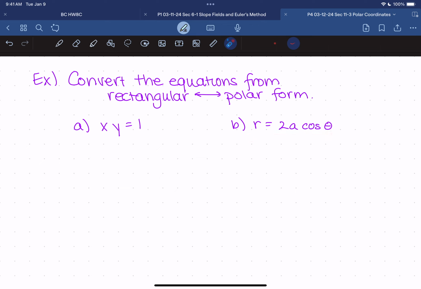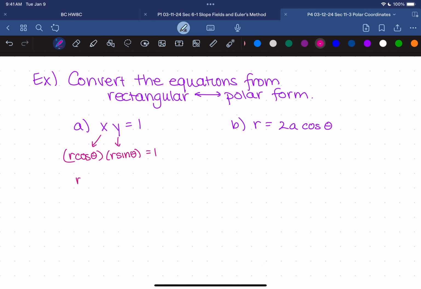But for this way, I think it's easiest to just go ahead and use the fact that x is r cosine theta and y is r sine theta. And then if we can, let's solve for r, at least get all the r's on one side.